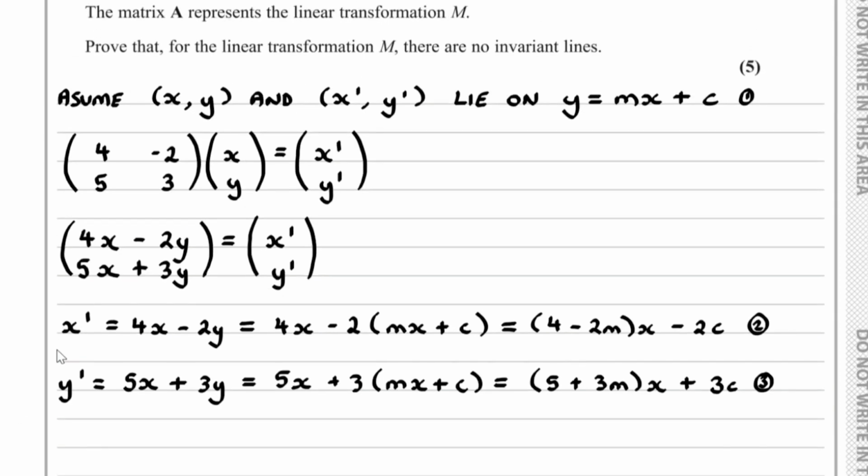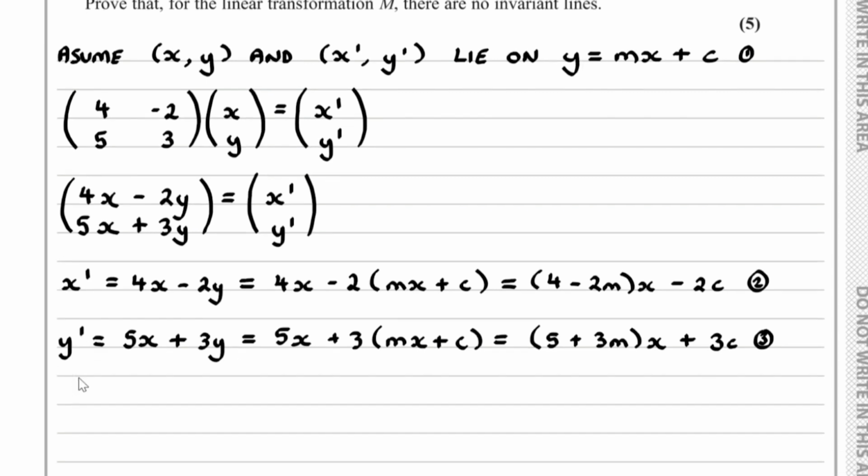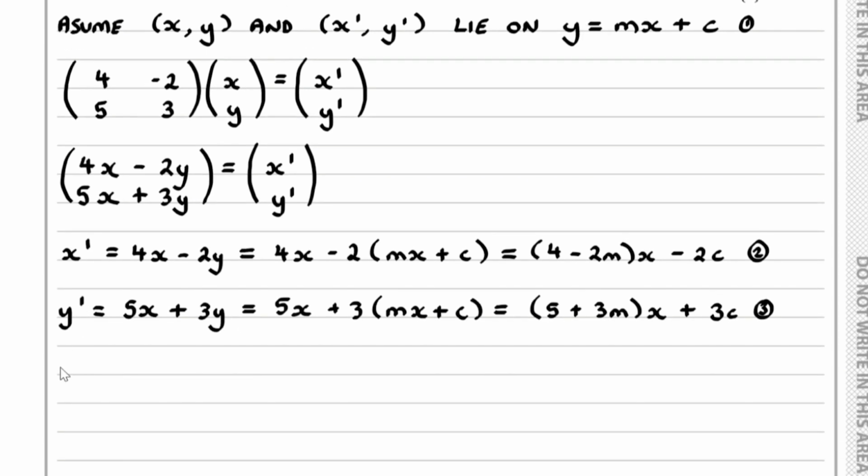So if y prime lies on this line, we replace y by y prime. So we have 5 plus 3m lots of x plus 3c. This is equal to m multiplied by x prime. And we know what x prime is.